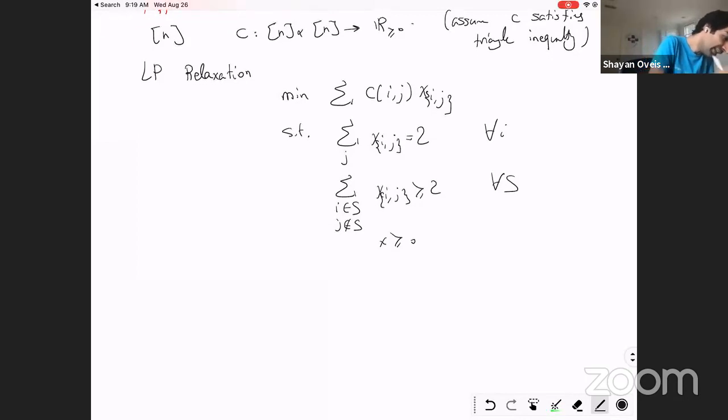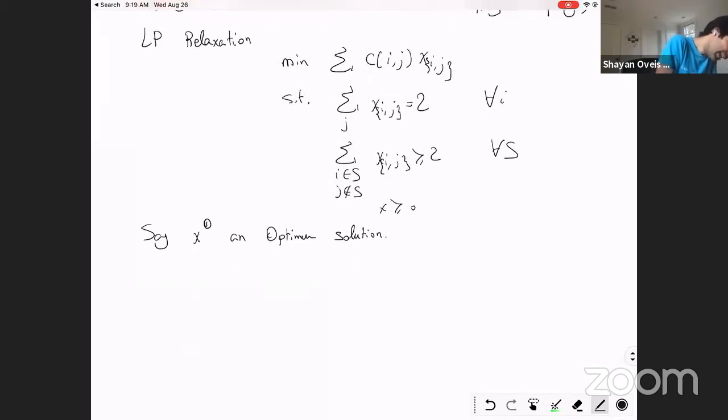Before that, I need a notation assumption. Let's say I have X0 to be an optimum solution of this LP. It turns out that without loss of generality, we can assume there exist two special vertices.